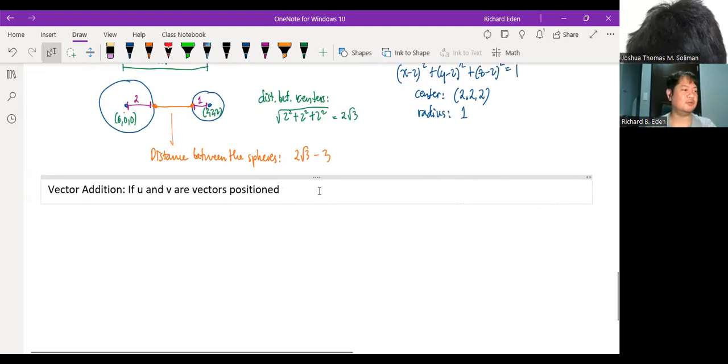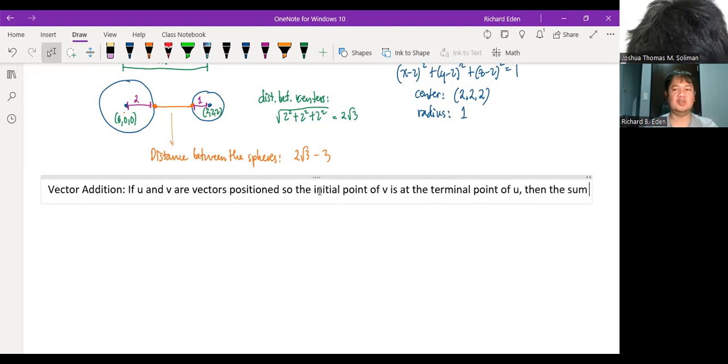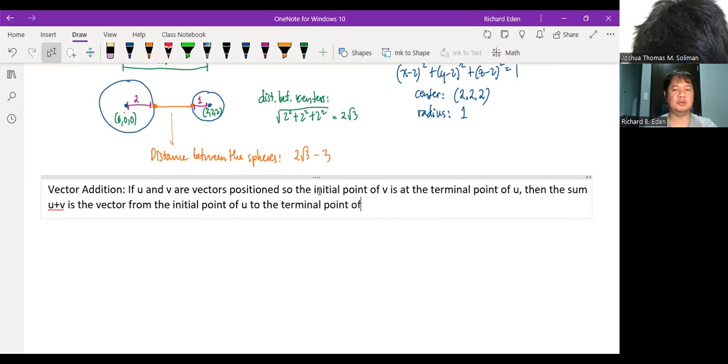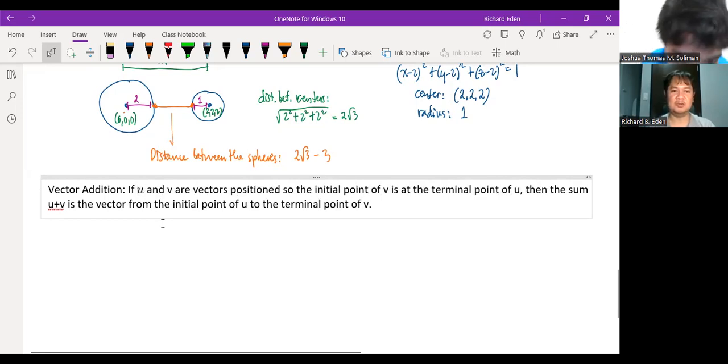If U and V are vectors in position, so the initial point of V is at the terminal point of U, then the sum U plus V is the vector from the initial point of U to the terminal point of V.